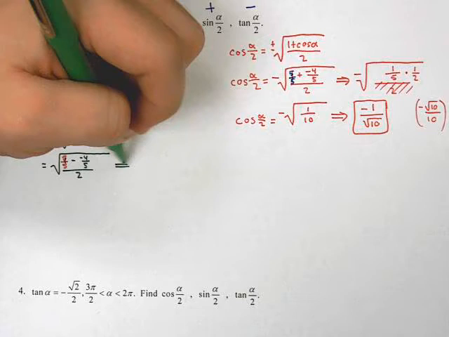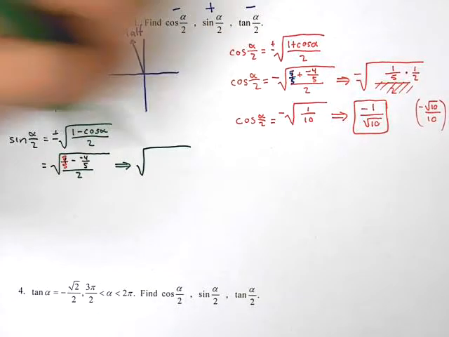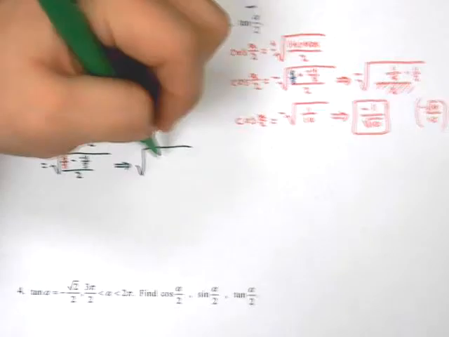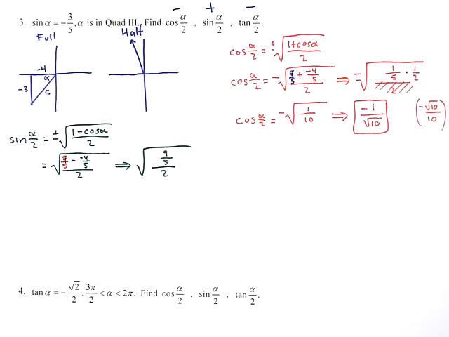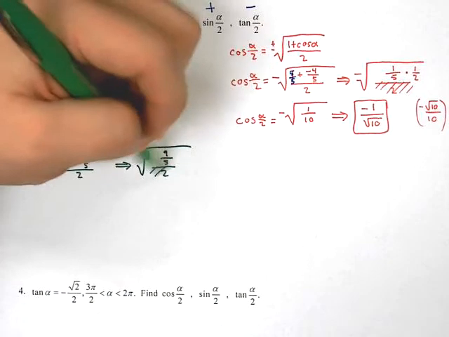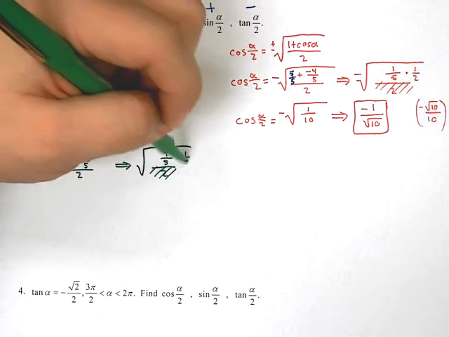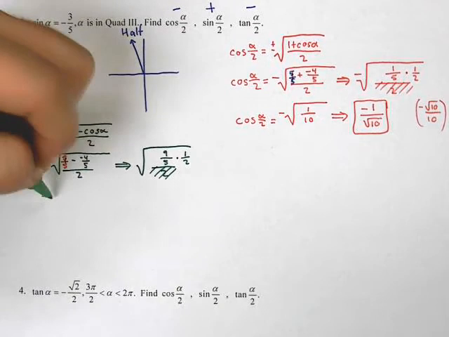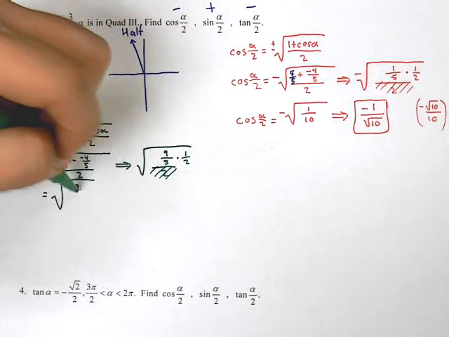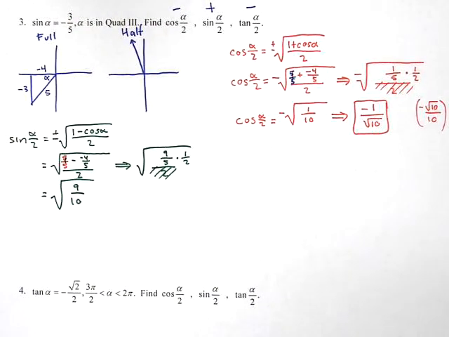And I'm going to start cleaning this up. So I have the square root of 5 minus negative 4, so this is now 9/5 all over 2. And just like what we did on the other one, instead of dividing by 2, I'm going to multiply by 1/2. So this should become the square root of 9/10.